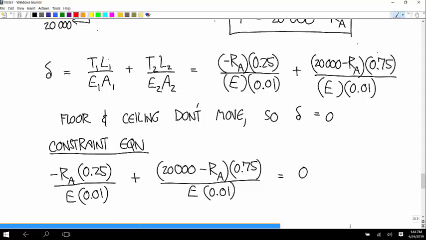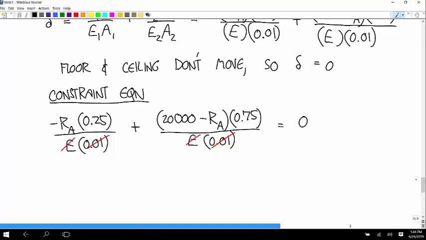And we can cancel a bunch of stuff. Divide both sides by 0.01 E. And we get an equation that says 20,000 times 0.75 is 15,000 minus 0.25 RA minus 0.75 RA.